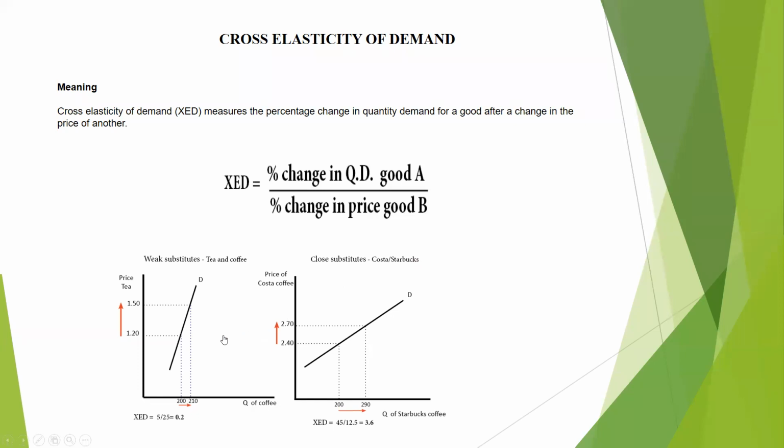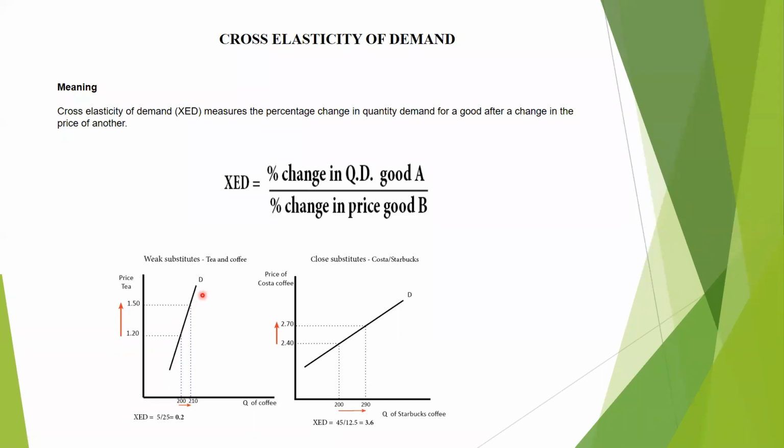With the example of the weak substitute, there is a small change in the quantity demanded with a greater change in the price. That means the slope of the demand curve is upwards and more steep.